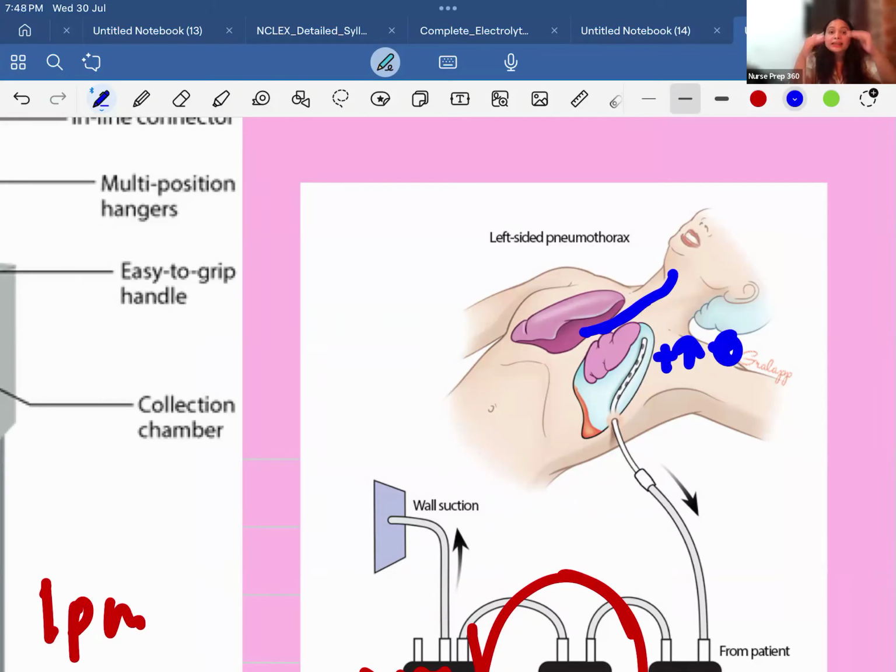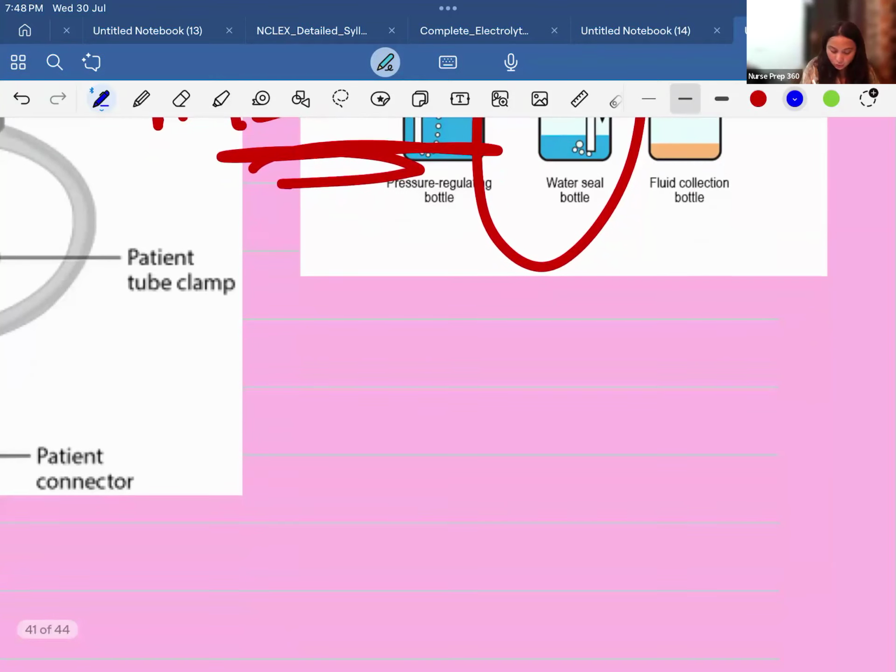With inspiration, it goes down. With expiration, it goes up. So this is called tidaling, and it is present in the water seal because the lungs are moving. With expiration it goes up, then down, goes up, goes down. That's why there is tidaling.